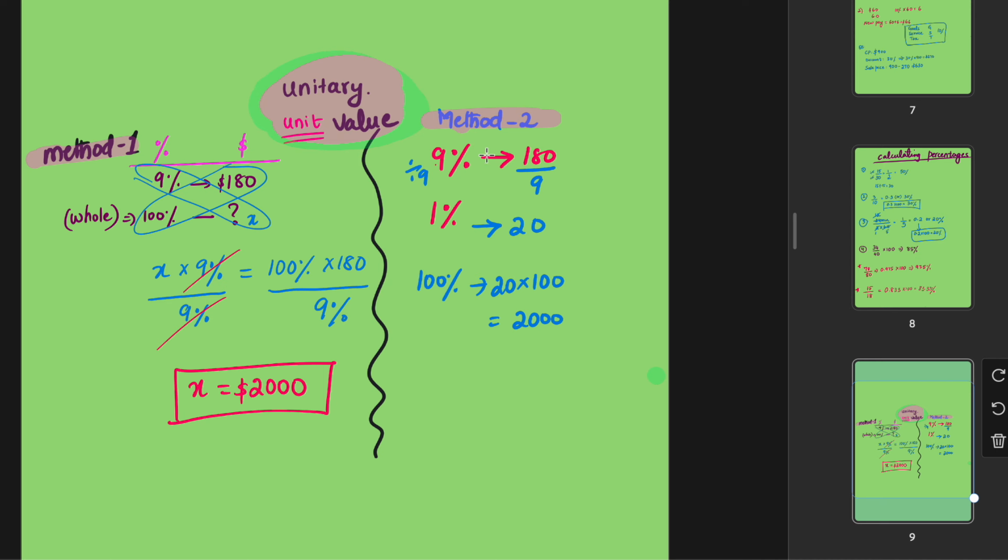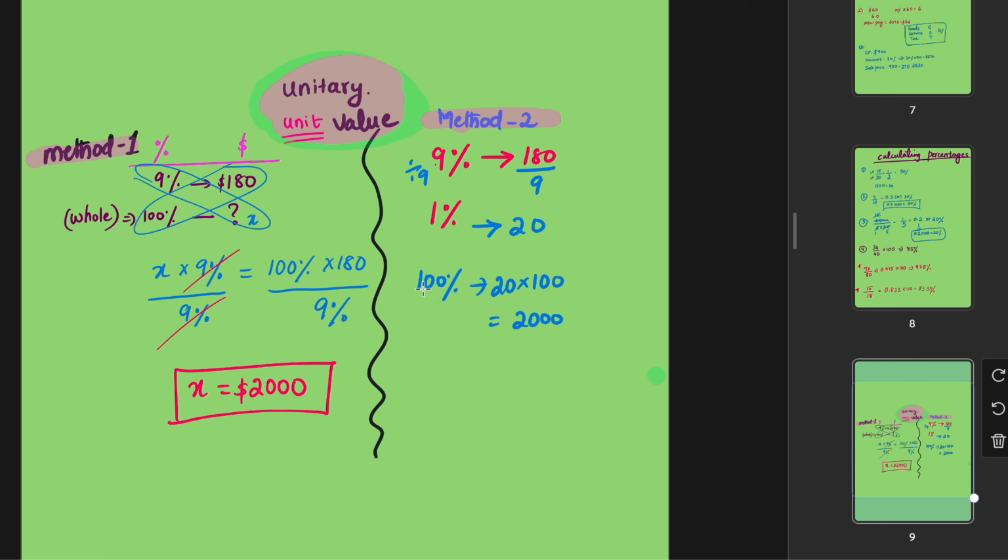Now the other method is, if they are saying 9% of a value is 180, you want to go to 1%. What would you do to get to 1%? Divide it by 9. So 9 divided by 9 is 1. Whatever you did on one side, you got to do on the other. So 180 divided by 9 is 20. So 1% of a value is 20.